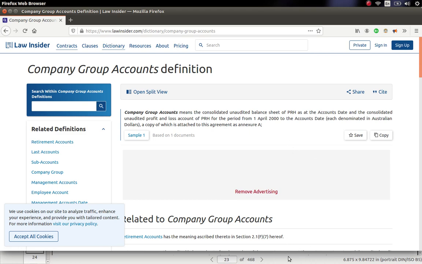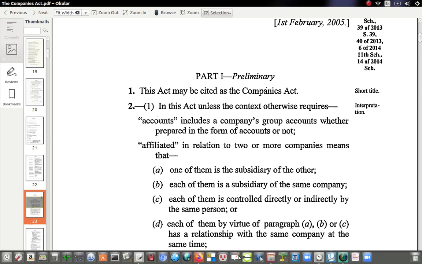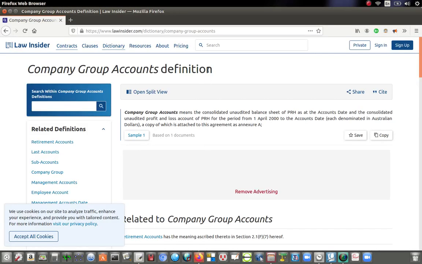Alright, so that seems to be the profit and loss accounts. Affiliated in relation to two or more companies means that A, one of them is the subsidiary of the other. Let's look at that subsidiary company.